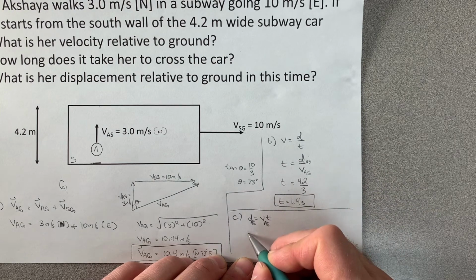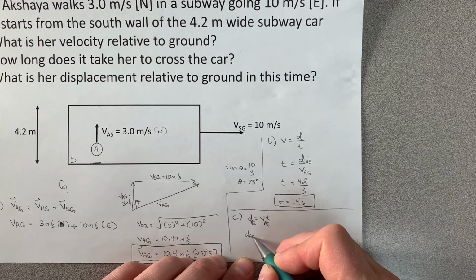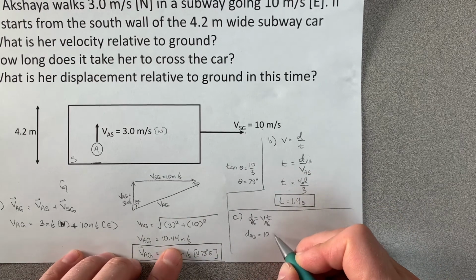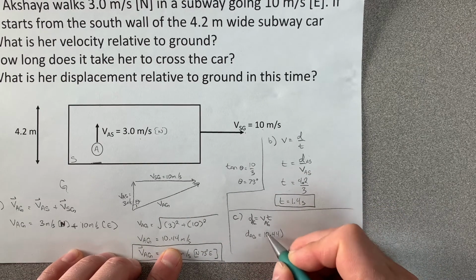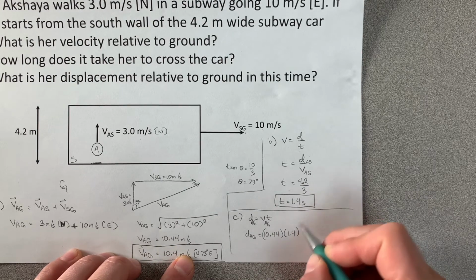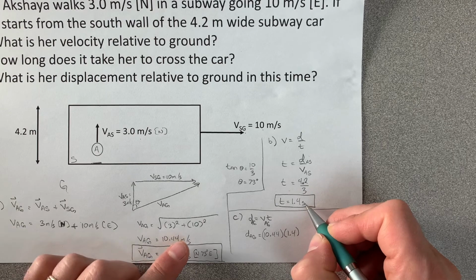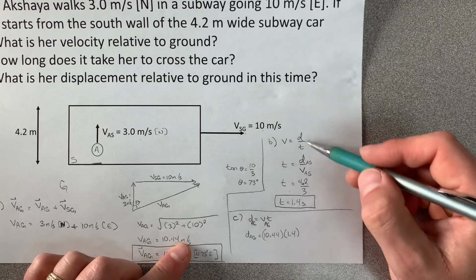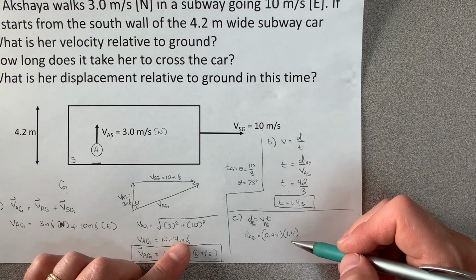In that case, the displacement Akshaya to ground is, let's see, her velocity relative to ground is this one. I'll use 10.44 times the time. And in total, she traveled for 1.4 seconds. Just remember, like in projectile motion, if you think of this as the y direction, if you find the time in the y direction, you can use it in the x direction.